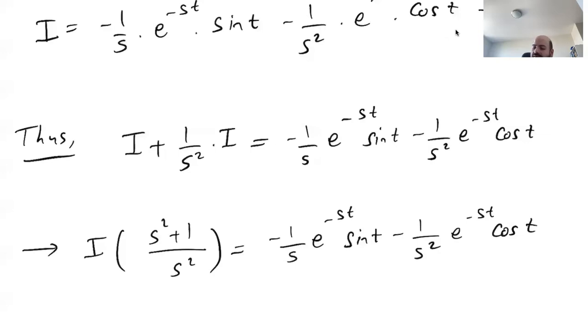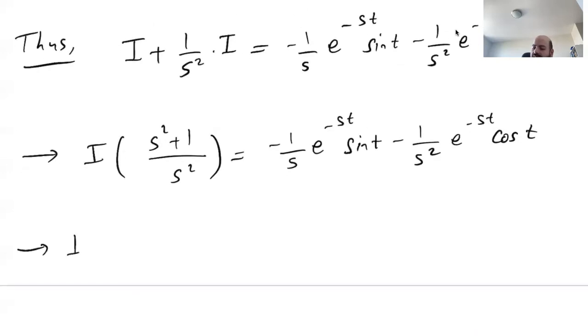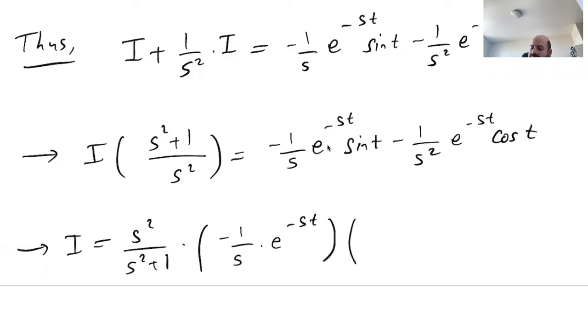So then this gives me the value of I. I will be equal to s squared over s squared plus 1 times, now these two terms, I can take minus 1 over s times e to power minus st out as a common factor. So minus 1 over s times e to power minus st. And what will be left? Sine t will be left from the first one, and then plus cos t over s will be left from the second one.